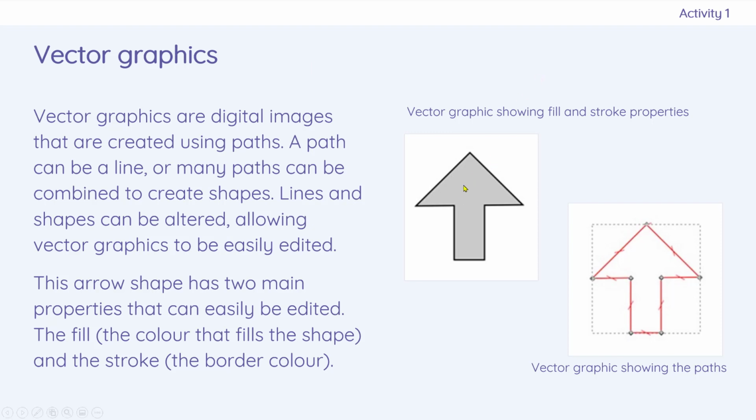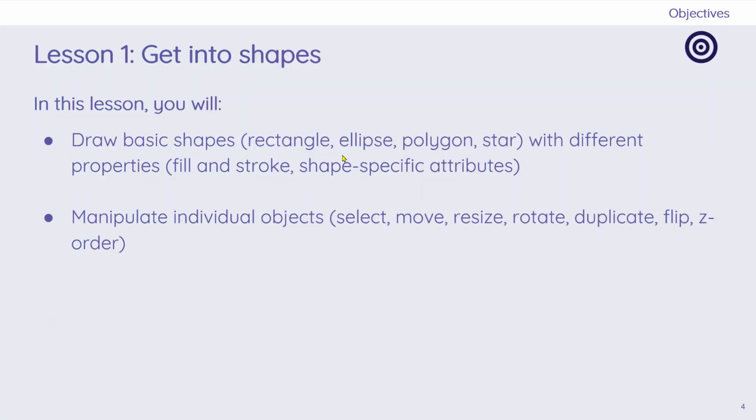In this case, this triangle has a grey fill, and the second is the stroke. The path follows, and in this case, it's a solid black line. Using these, we can create other shapes such as circles and polygons, and by combining lots of these, we can make some very effective vector graphics.